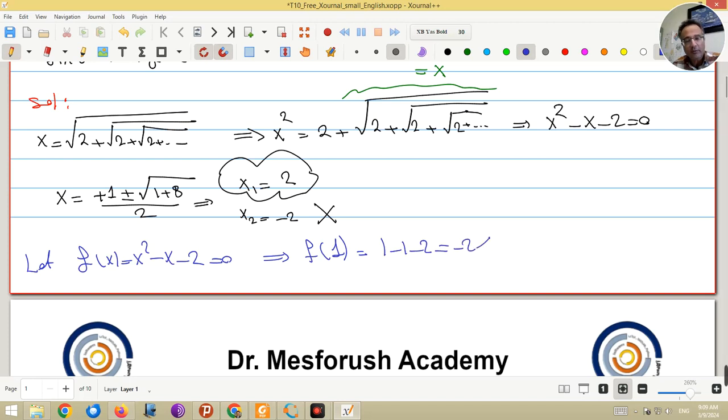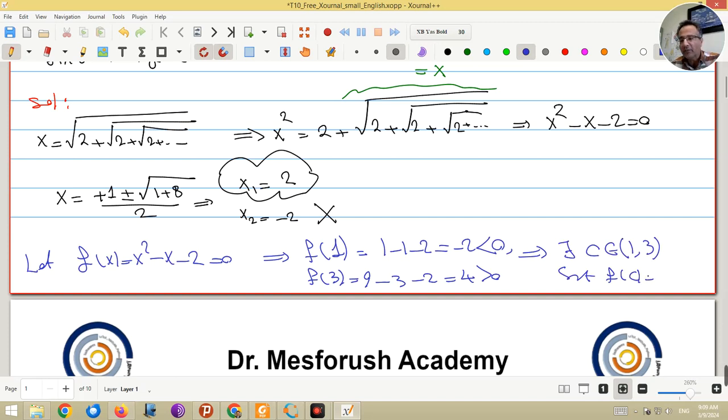This is minus 2 and this is negative. And if we compute f of 3, it's 9 minus 3 minus 2. It will be 4. This is positive. So, there exists a c between 1 and 3, okay, such that f of c equal to 0.